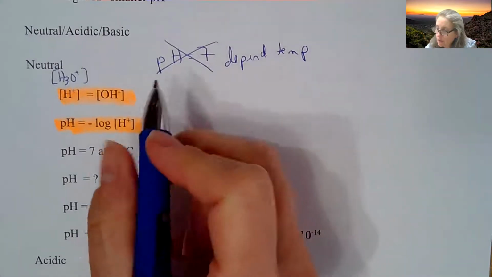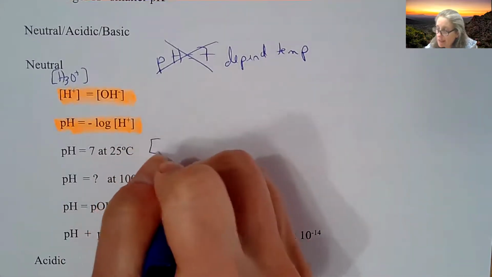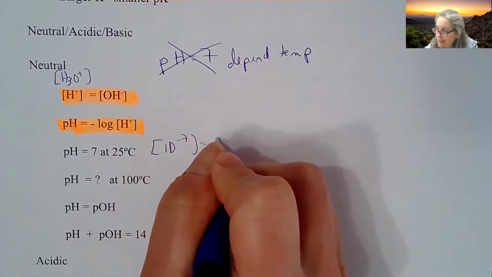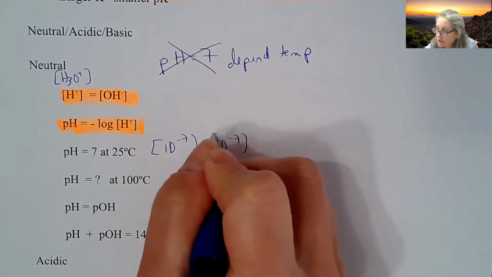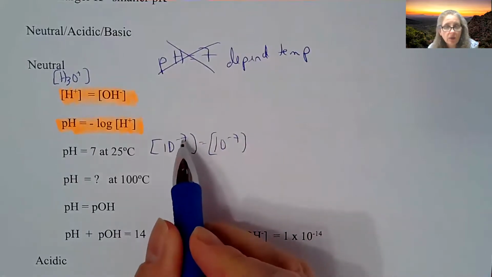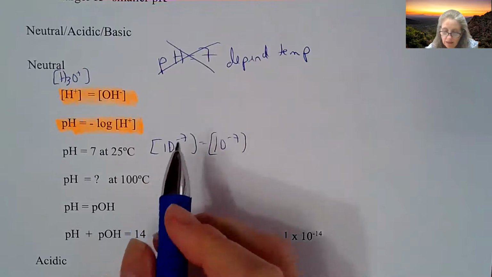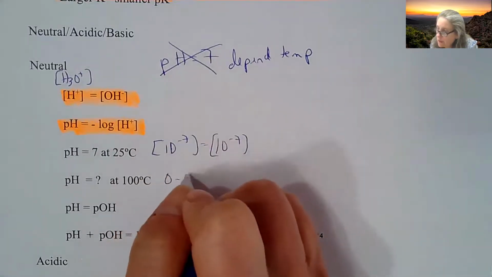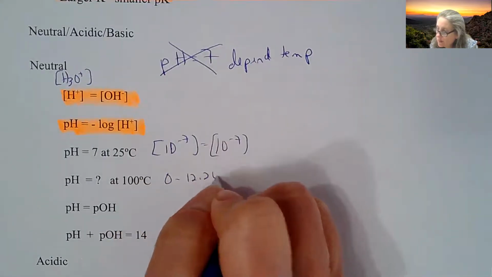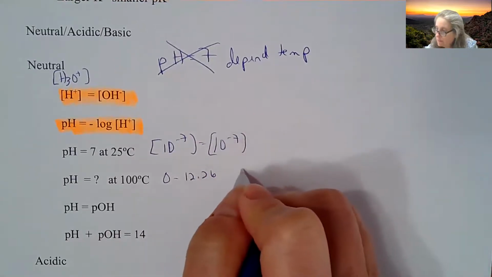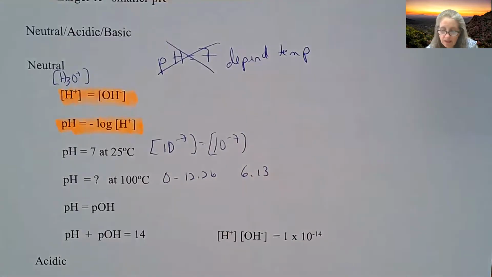Well, I know that a pH of 7 means I have 10 to the negative 7th of both my H plus and my OH minus, because it's getting rid of that 10 to the negative. So if my range goes from 0 to 12.6 for 100 degrees Celsius, my middle has to be 6.13.